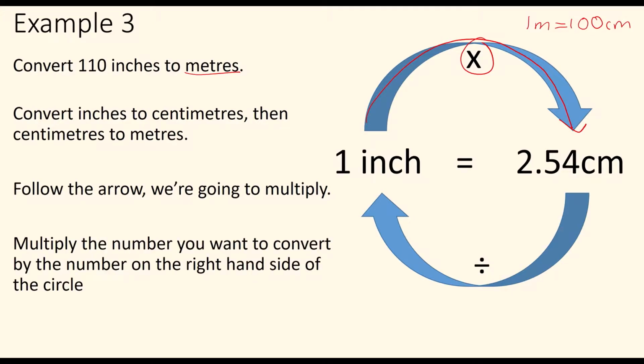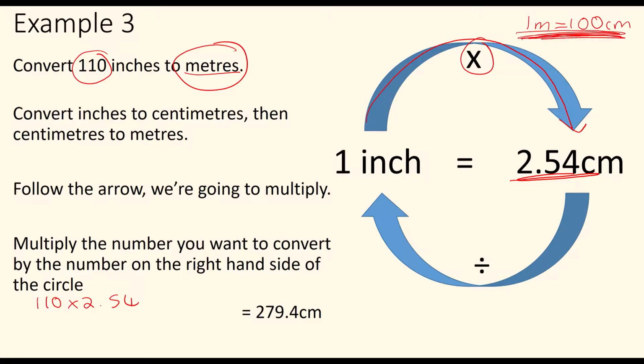Multiply the number you want to convert. So we want to convert 110 inches by the number on the right hand side of the circle. So that would be 110 times 2.54, and that will give us 279.4 centimetres. Now if you stop here, you'll gain marks, but you'll also lose them because actually our final answer needs to be in metres. So now we have to use the conversion factor that you're supposed to remember off by heart, which is that 1 metre equals 100 centimetres.